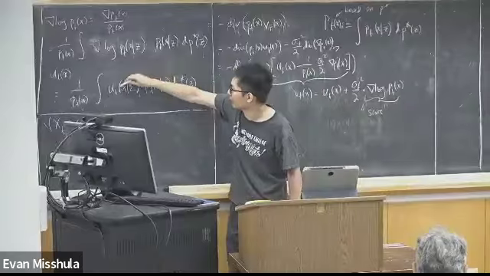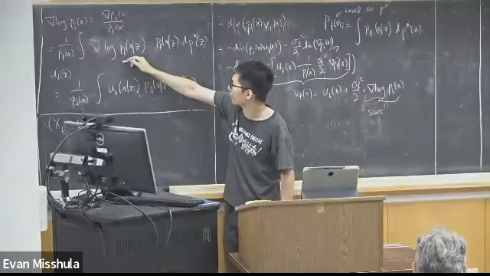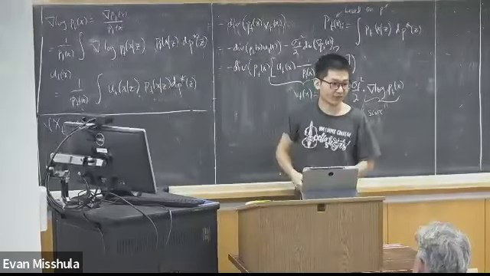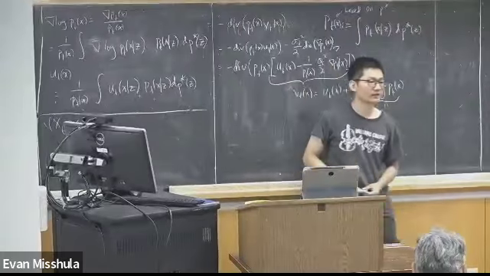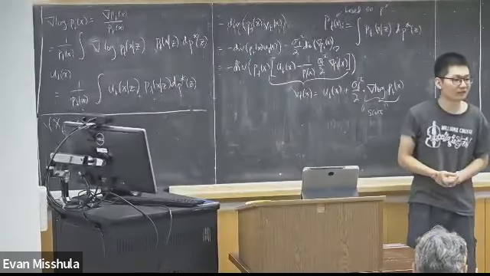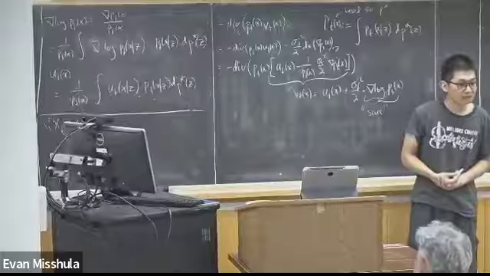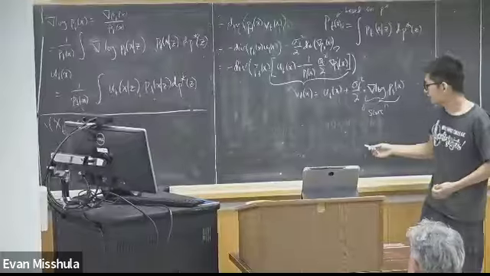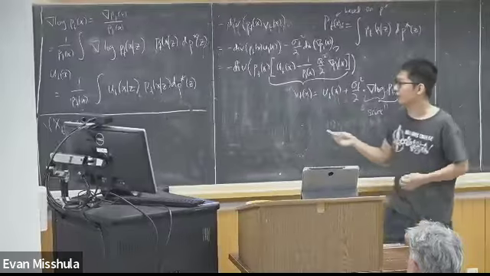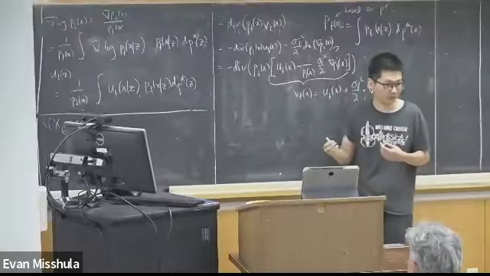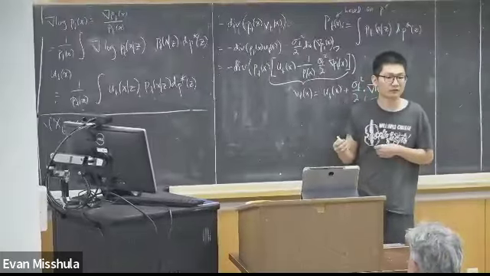If you replace the drift with the score, everything else is exactly the same. This is the u_t that we gave the formula for before, the same one.